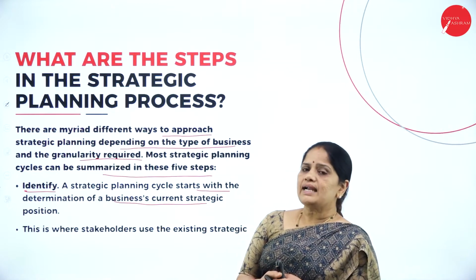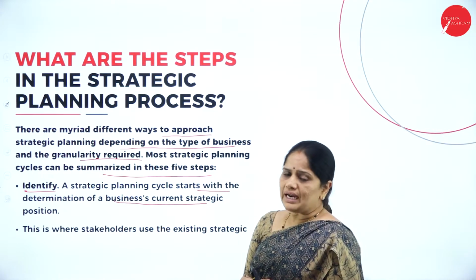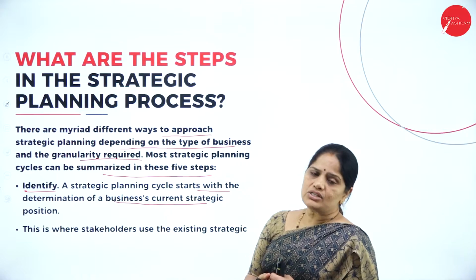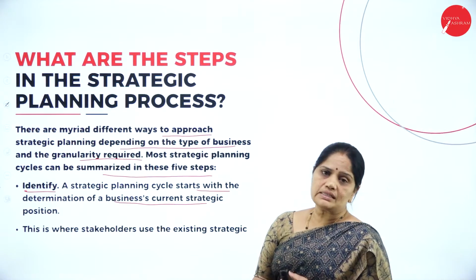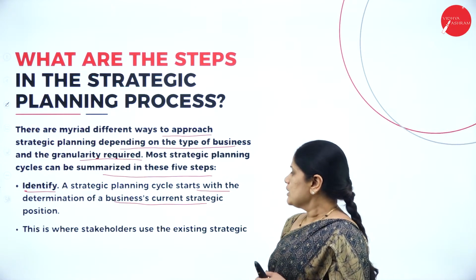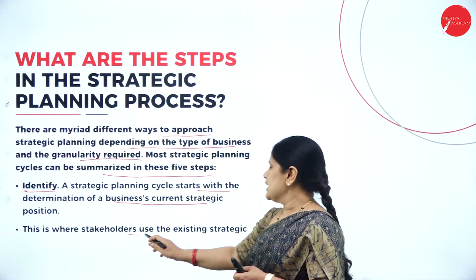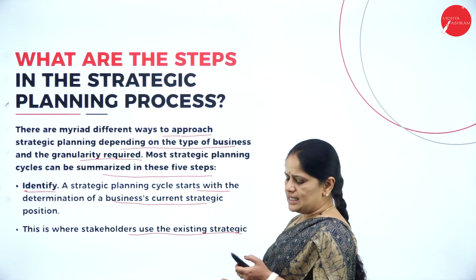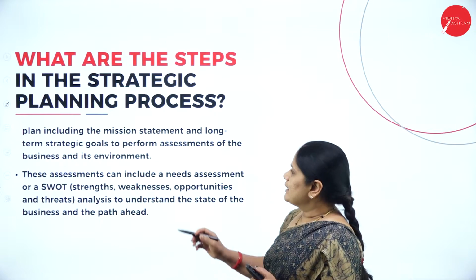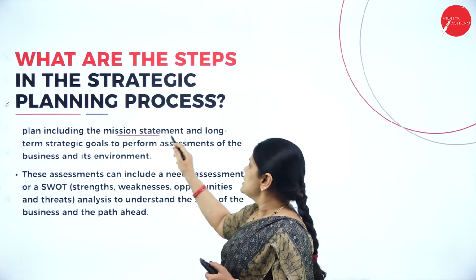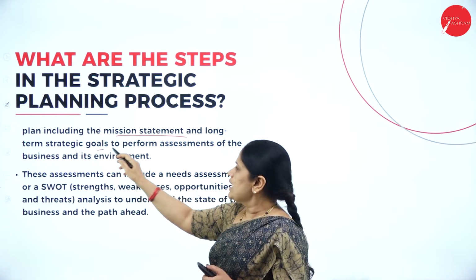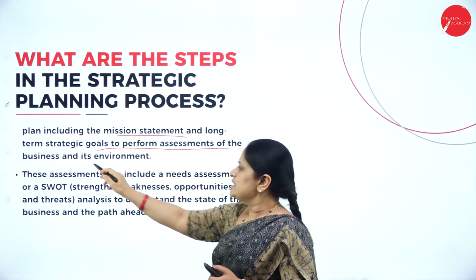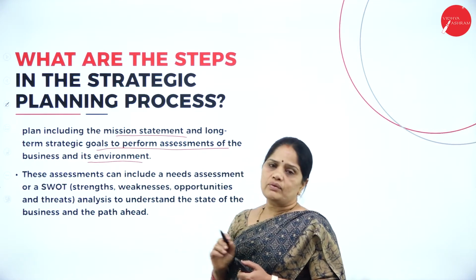In this, identification means you estimate what are the strengths of the organization and what are the weaknesses of the organization. This is where the stakeholders use the existing strategic plan, including the mission statement and long-term strategic goals, to perform assessments of the business and its environment.